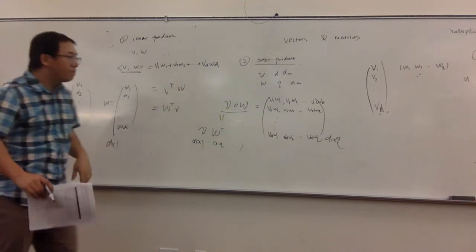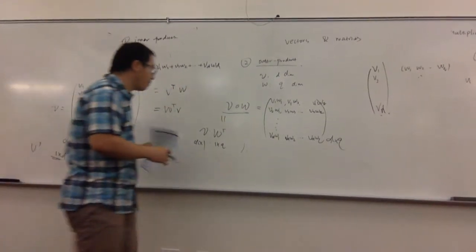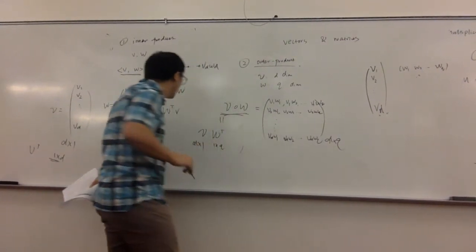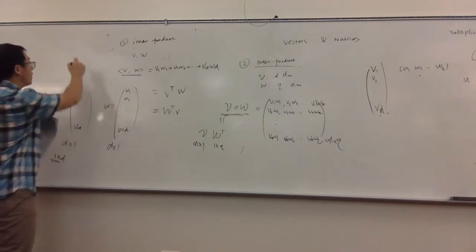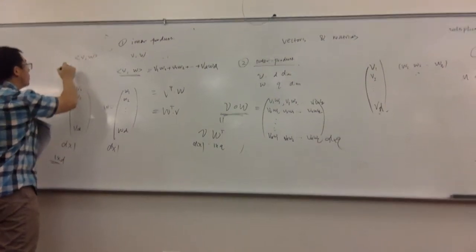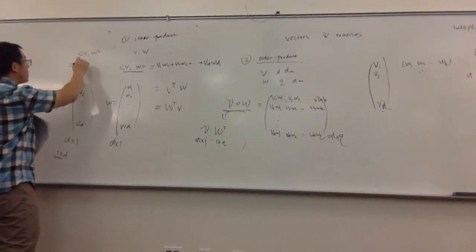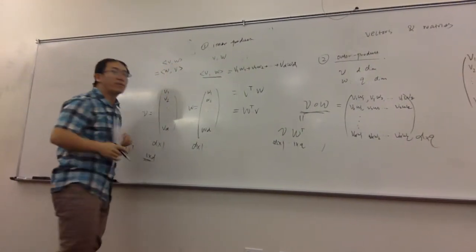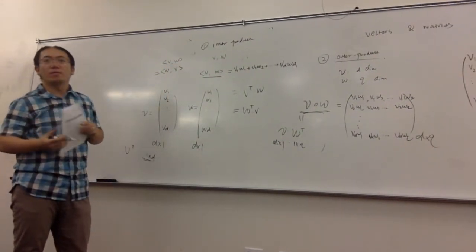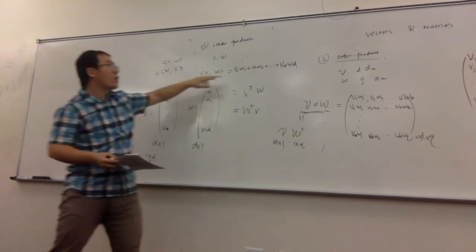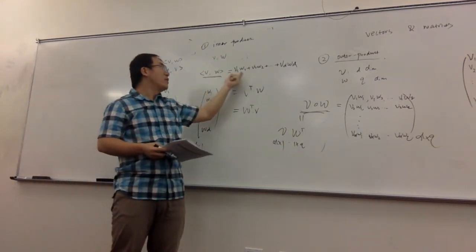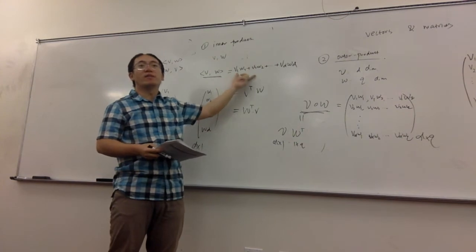And something you should be aware of is that if we do the inner product between V and W, it is exactly the same as the inner product between W and V, right? Because they both return a scalar. And according to the definition, you just switch W1 and V1. Doesn't matter.